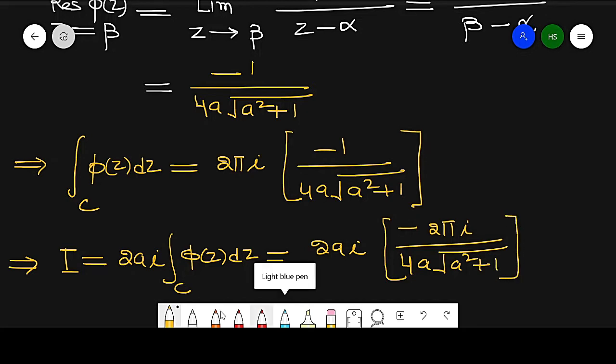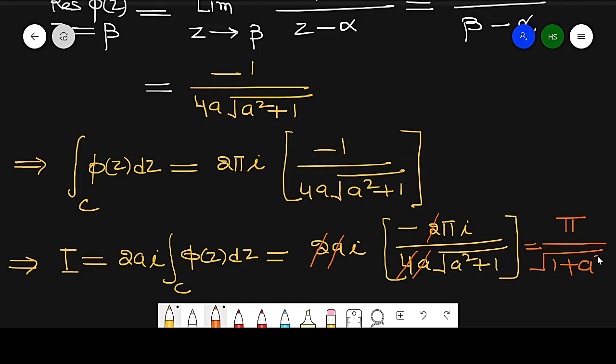Now 2 into 2 is 4, this cancels with this term, and this a cancels with this term. Iota into iota gives iota square, and minus iota square is a positive number. So we get pi times the square root of 1 plus a square, that is, a square plus 1. So this is the answer of this result.